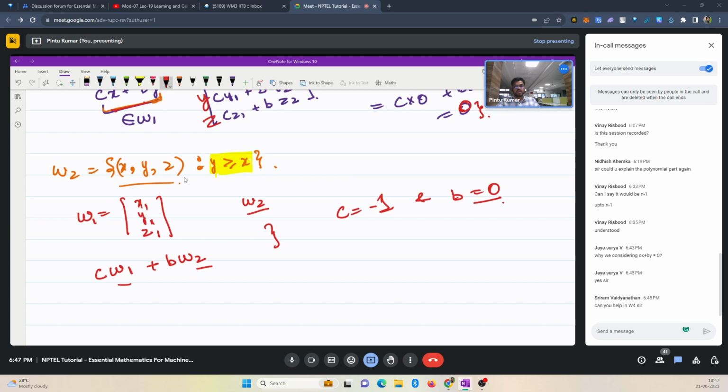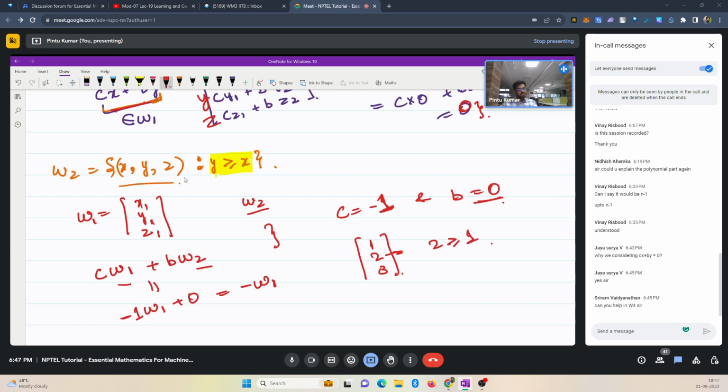Okay. So if you take c equal to -1 and b equal to 0, then what do we obtain? This sum comes to -1 times w1 plus 0, that is minus w1. Now let's say I have something like 1, 2, 3. Clearly this satisfies the property that my second element 2 is greater than or equal to 1.